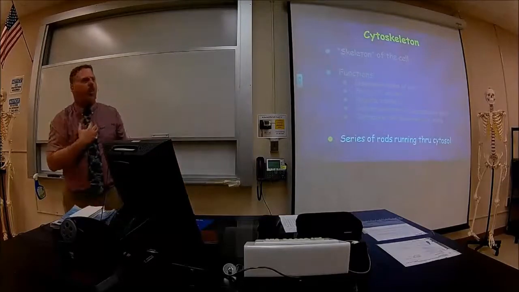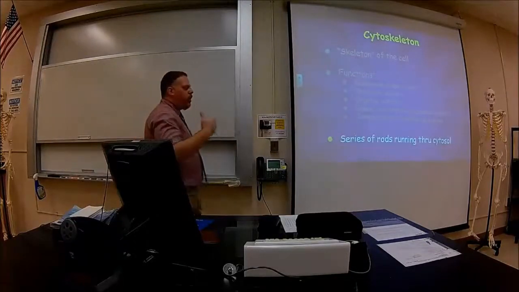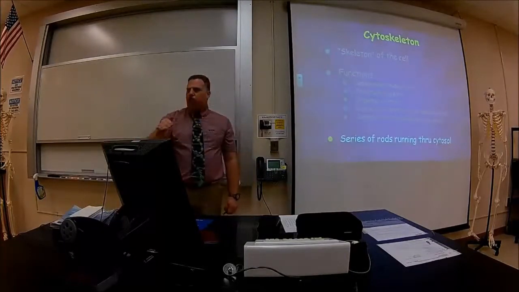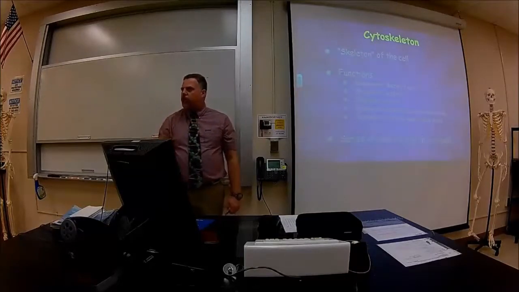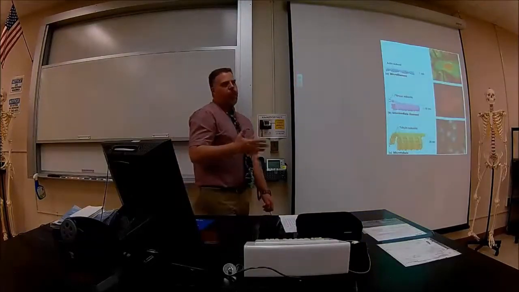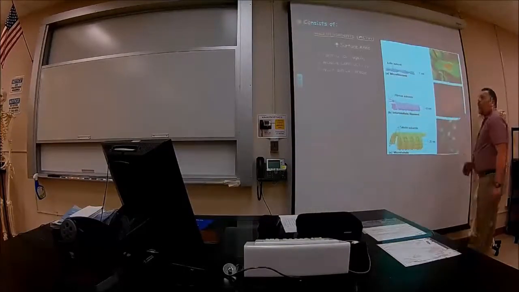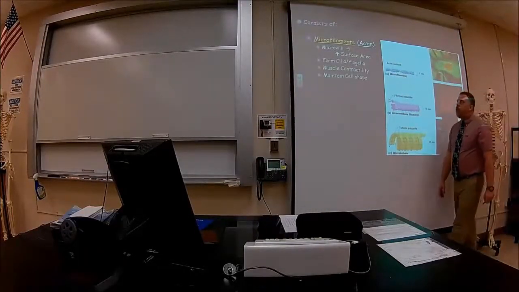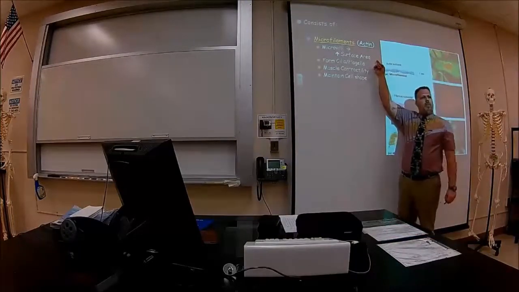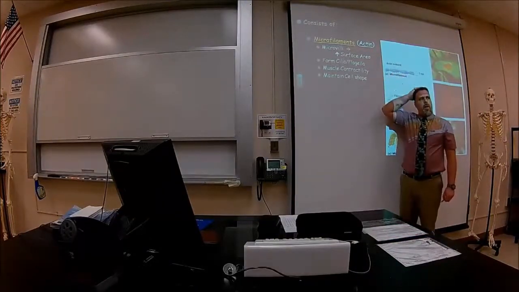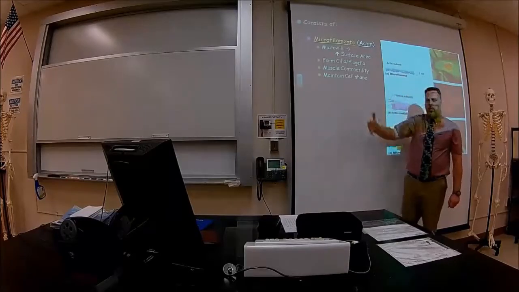And what the cytoskeleton is, it's a series of rods that are all through the cell itself. We have three different types of these rods. We have microfilaments. A good example of this is actin. And you'll get to know these later on as we go about talking about this throughout the next few weeks.